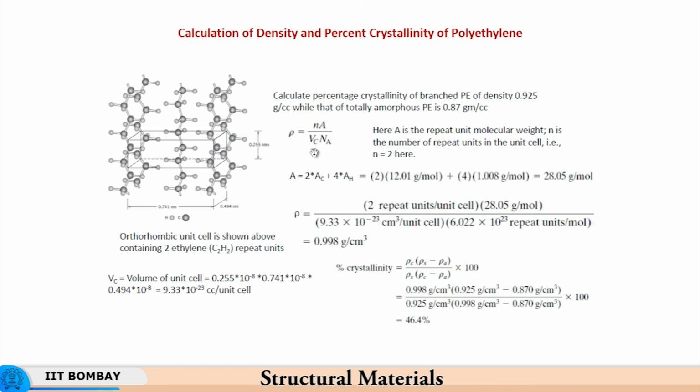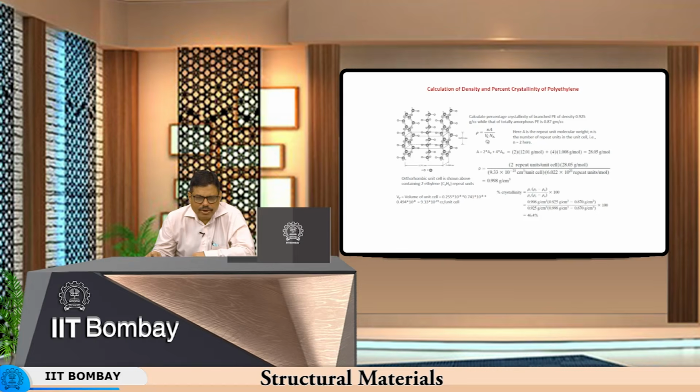So the percentage crystallinity here works out as follows. Rho C, that is the density based on the cell, is 0.998. Rho S is the density of the sample, 0.925 gram per cc, and 0.87 is the density of totally amorphous polyethylene.